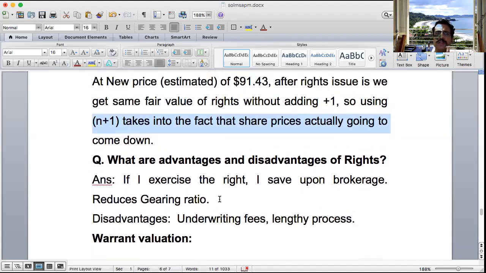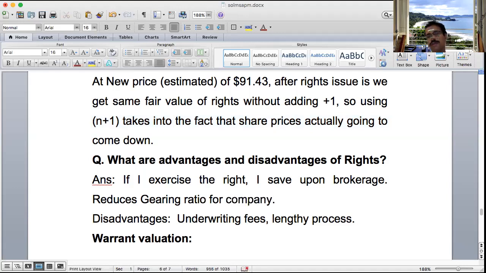Okay. Now, what are the advantages and disadvantages of rights? If I exercise the right, I don't have to pay the brokerage because I'm getting directly from the company, like an IPO. Another advantage is that it reduces the gearing ratio for the company. For the investor, it saves the brokerage.